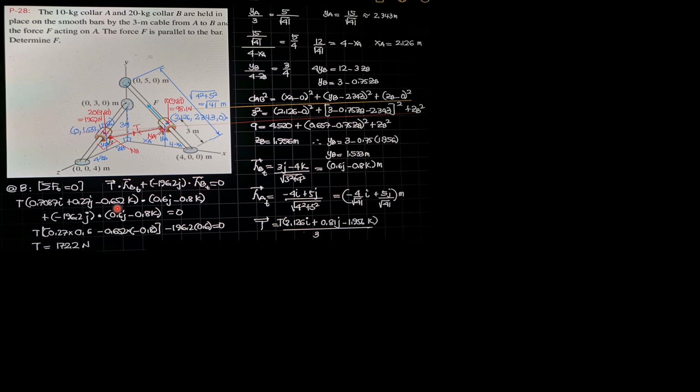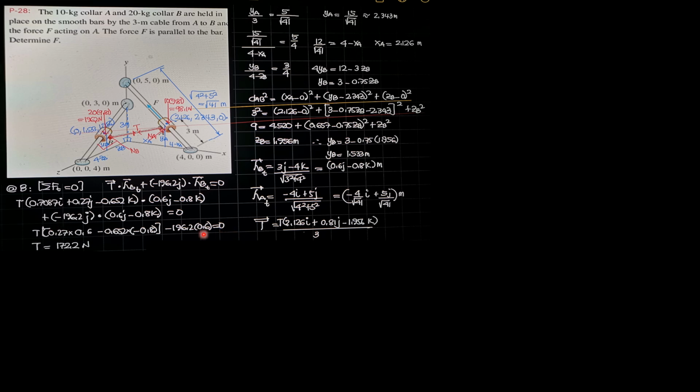Then negative 0.652 times negative 0.8. Then this is negative 196.2 times 0.6 only. Remember that product has a value only if it is dotted with the same corresponding component. So negative 196.2 times 0.6 equals 0.